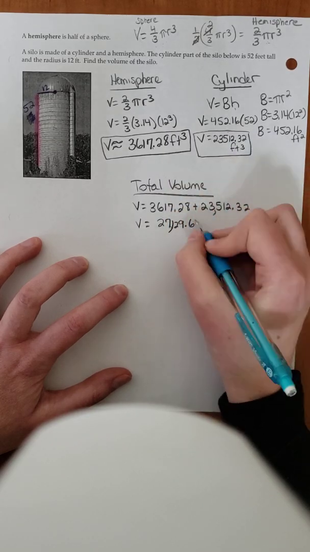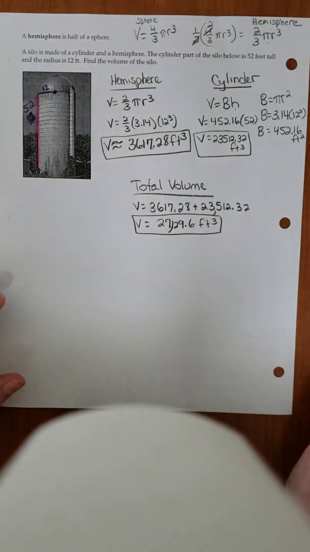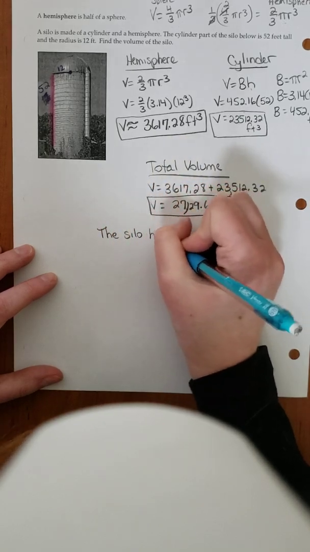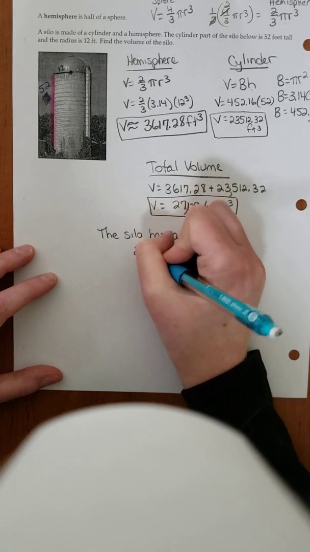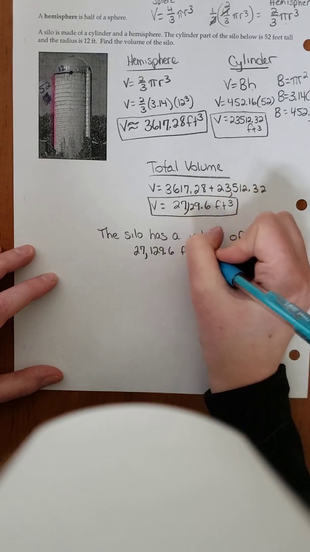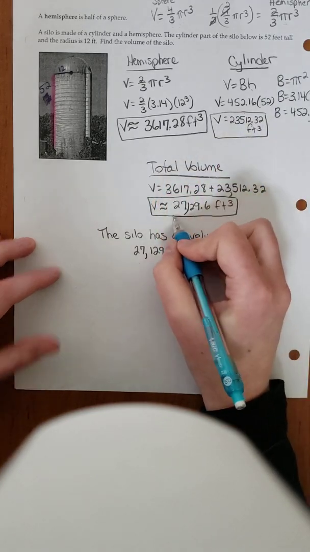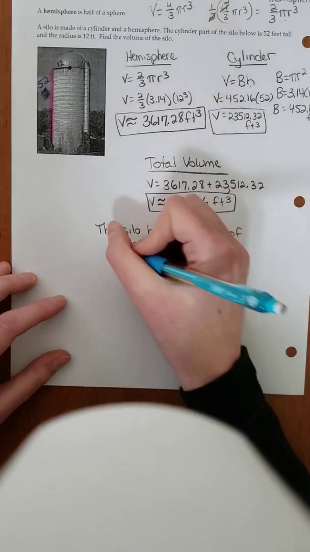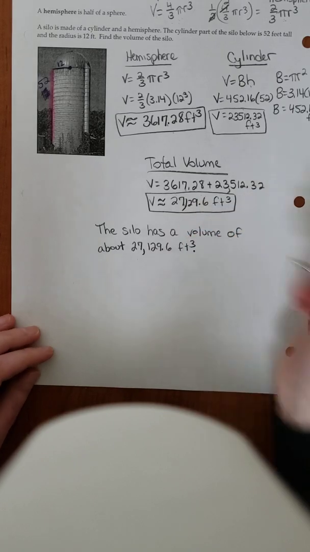Put that comma in there, and that is feet cubed. Yeah, I guess this is probably a word problem, so we should have a little sentence. The silo has a volume of 27,129.6 feet cubed. Oh, what did I miss? About. Why is it about? Because this back here was about, and then I used it again right here. So don't forget that. I almost did. Bet some of you caught that before I did.